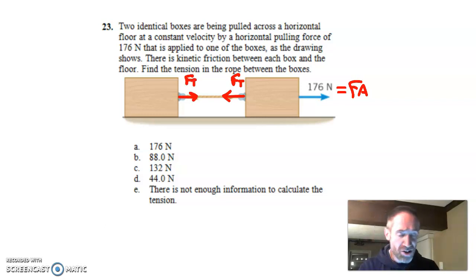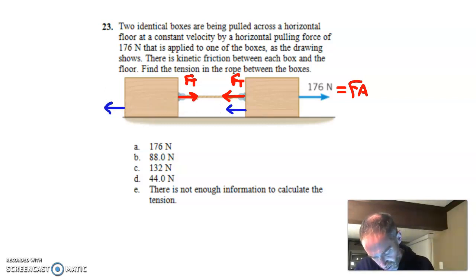Okay, now I also have to have friction, and the kinetic friction is going to be backwards on both boxes, so I'll draw that back here like this. Since the boxes are the same size, made out of the same stuff, on the same surface, I'm going to draw the other one the same size as that too. So we're going to call that force of friction kinetic.